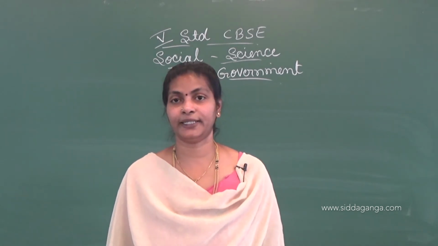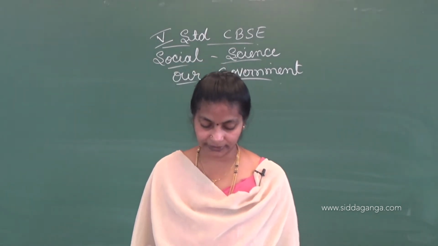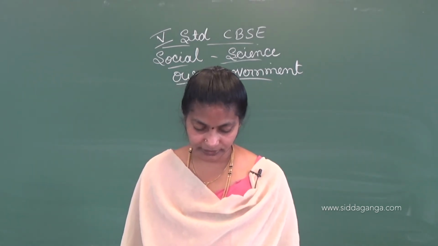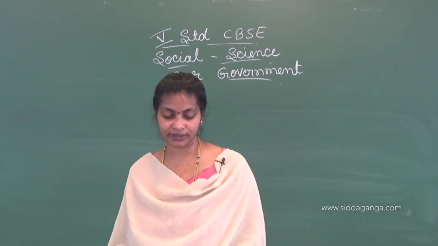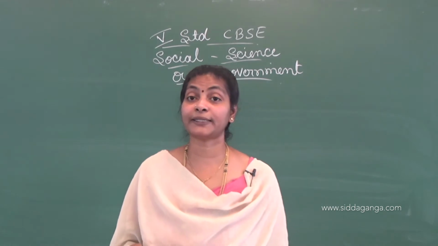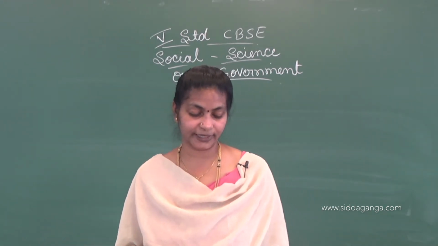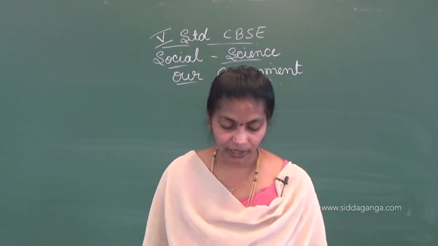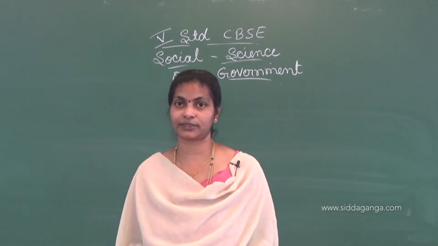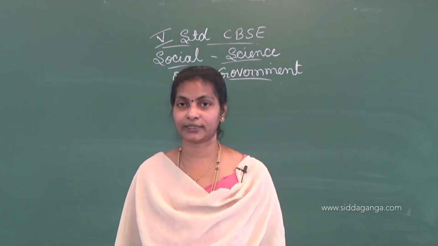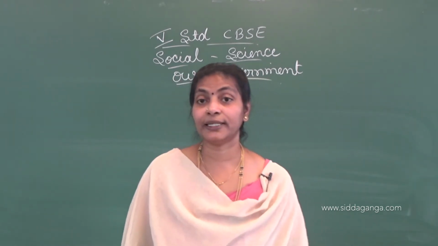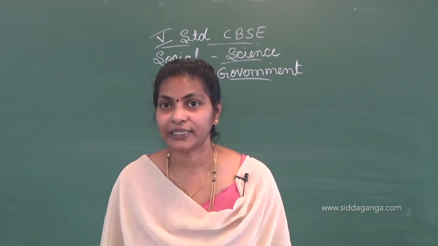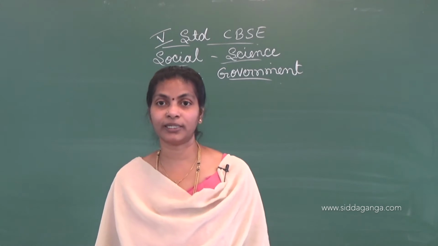The President is elected by the elected members of the Lok Sabha, the Rajya Sabha and the state legislative assemblies. The term of office of the President, as I already told, is 5 years. He is the head of the entire country and the first citizen of India. We already learnt about that.